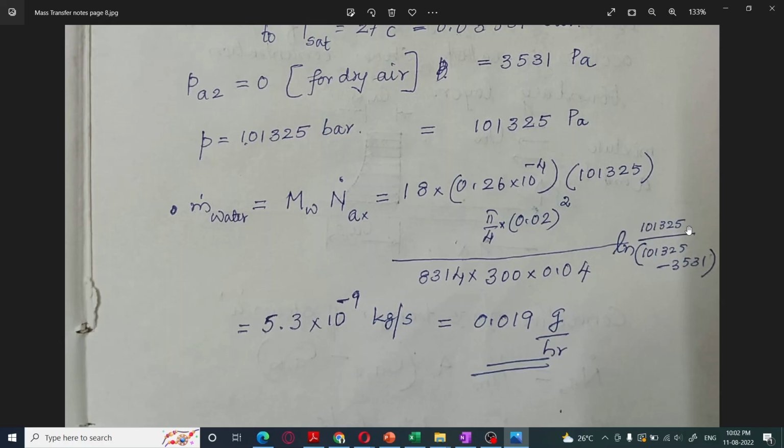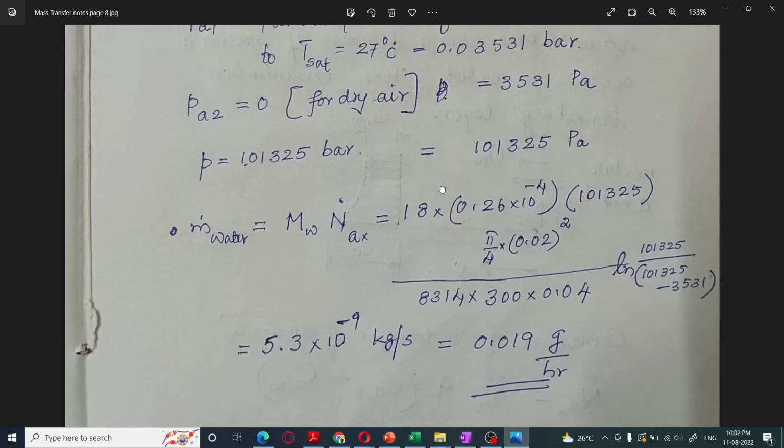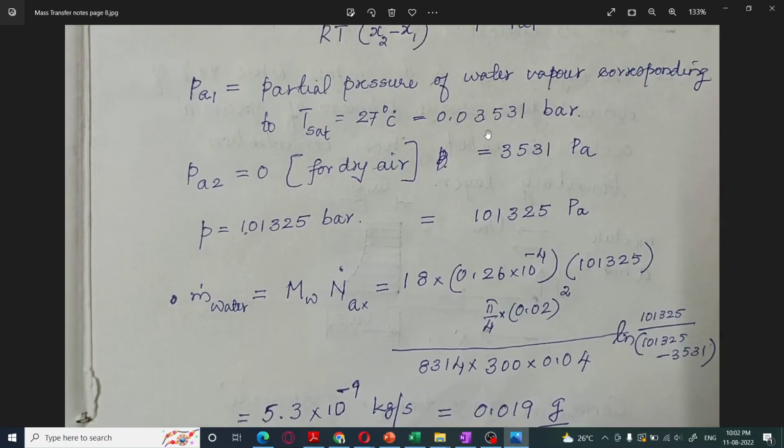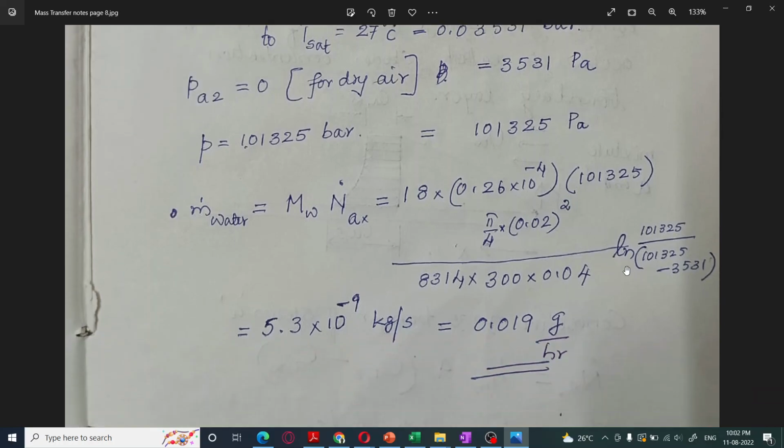P is the total pressure because it is dry air at the top, and P minus PA1 is 101325 minus the saturation pressure, which is 0.03531 bar from the tables. So this will be equal to 3531 Pascal.